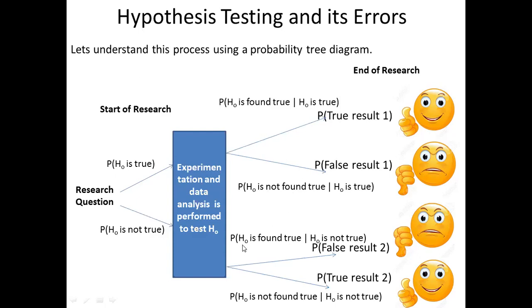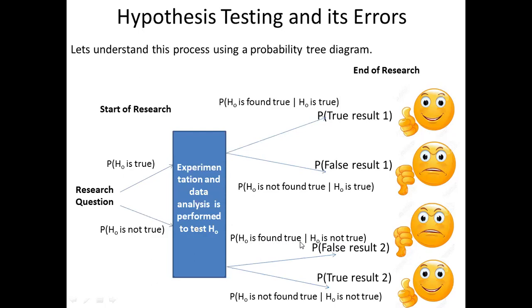We can also have a situation where H naught was not true, right? But we ended up in a situation where H naught was found to be true. That is, H naught is found to be true given that H naught is not true. This is an event and its probability would be given by the probability of this event.